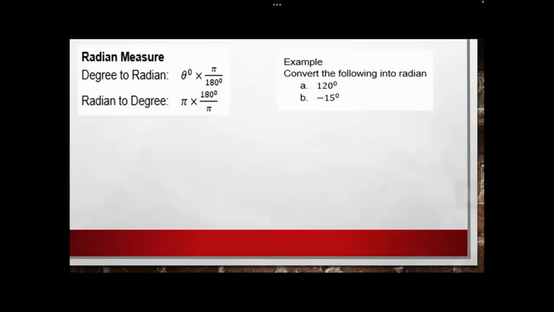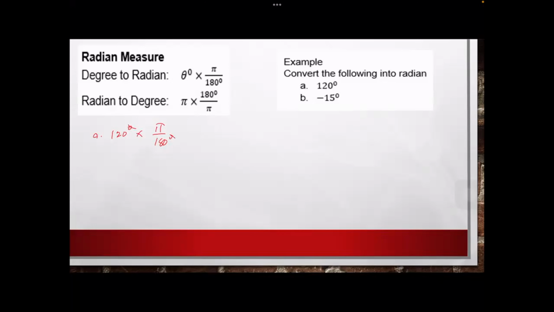Example, we have to convert the following into radian. The given is 120 degrees. So, convert natin sa radian. This is for letter A. So, 120 degrees times pi over 180 degrees. So, cancel out natin yung degrees.